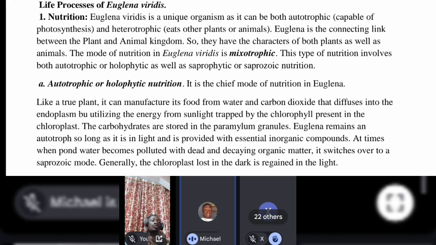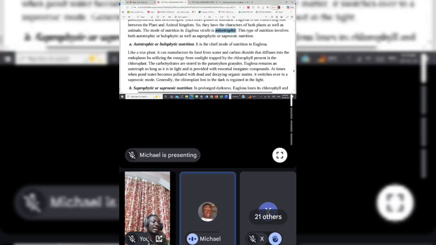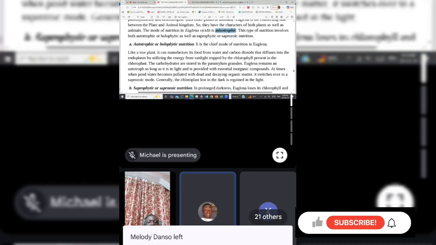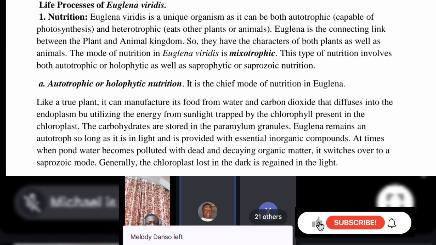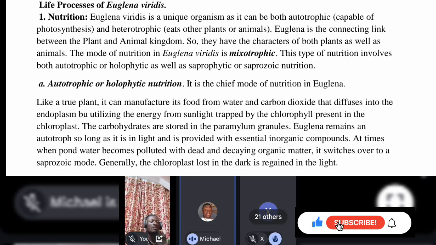It will get glucose at the end, and it will store excess glucose as starch in its storage organelle or structure that we call the paramylon granules or pyrenoids. So Euglena remains an autotroph. So far as there is light, it will prepare its own food. It won't wait for any other organism to feed on. It will prepare its own food.